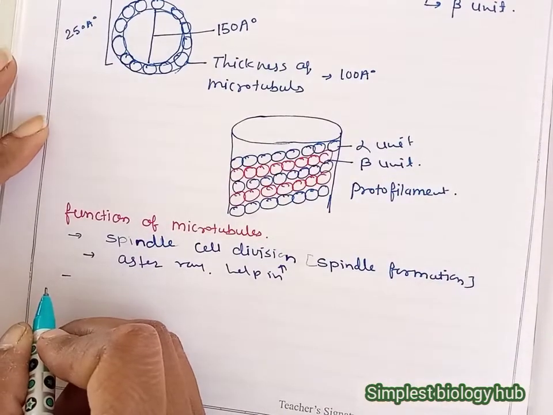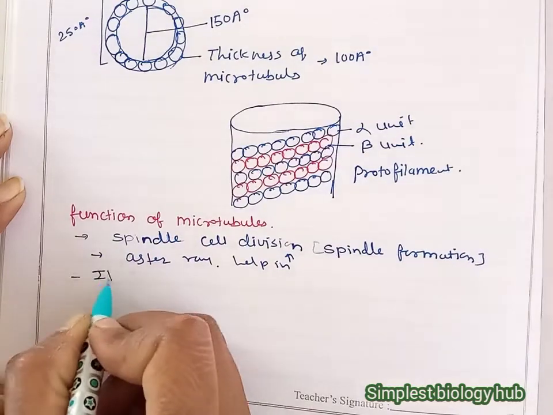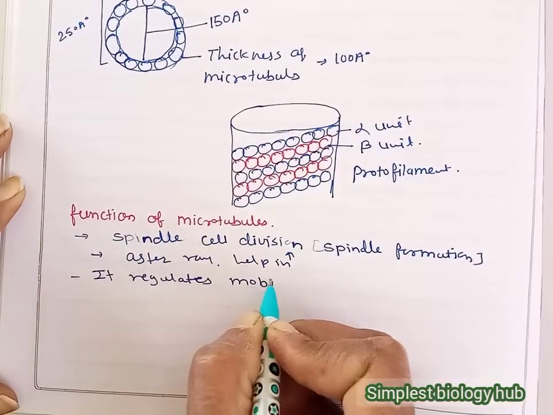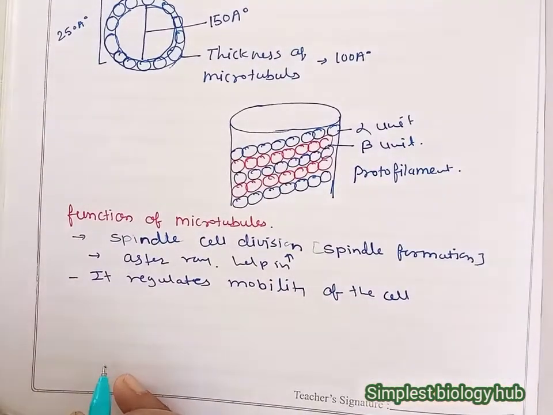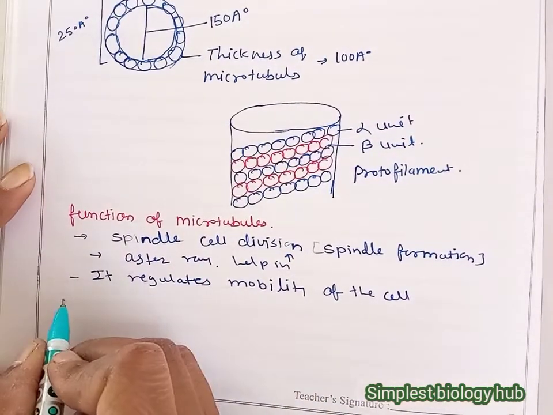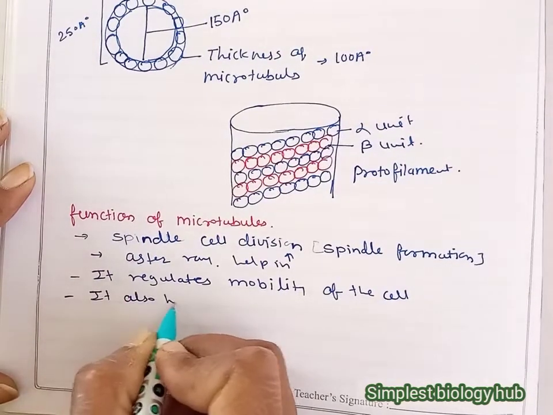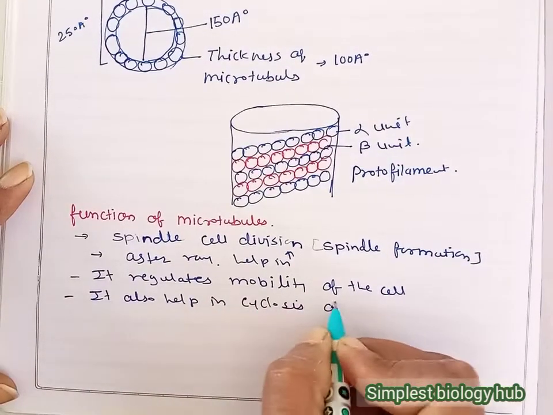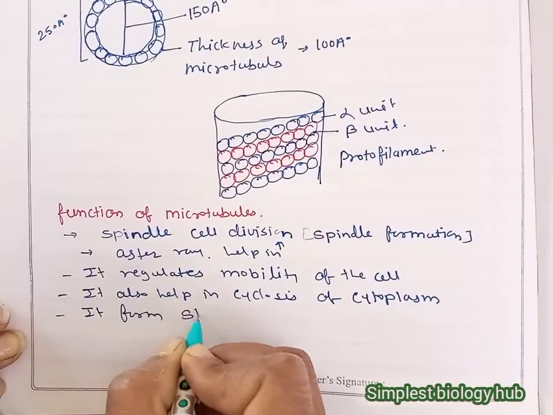The second function of the microtubules is that it regulates the mobility of the cell, because the structure of cilia and flagella is made up of microtubules, and both these structures are responsible for the movement of the cell. It also helps in cyclosis of cytoplasm. It forms the skeletal structure of the cell.